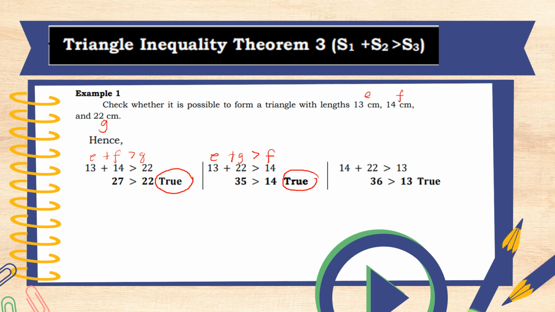Then the third one, we have F plus G is greater than E. 14 plus 22 is greater than 13. 36 is greater than 13. All three conditions are satisfied. They are all true.